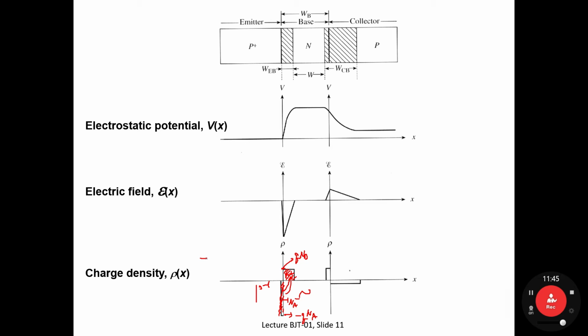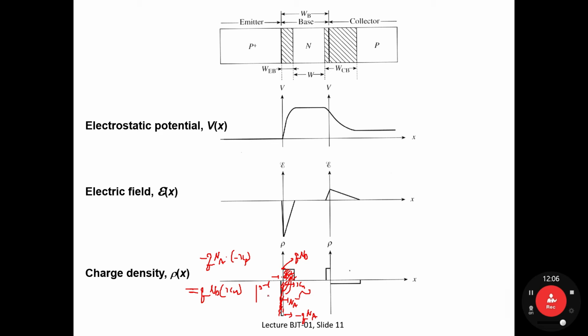So minus Q times N sub A times the depletion layer width, which is minus X sub P, is identical to Q times N sub D times the depletion layer width denoted as X sub N, and they should be identical.